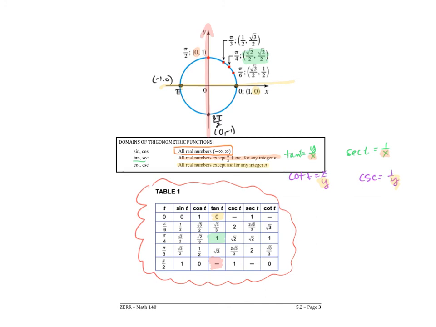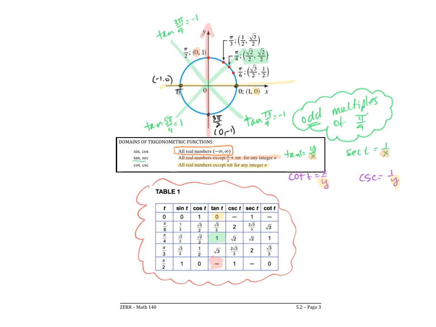If they have the same value, which happens at any multiple of pi over 4, the output of tangent is 1. It's negative 1 in quadrants 2 and 4, because the signs of x and y are different.